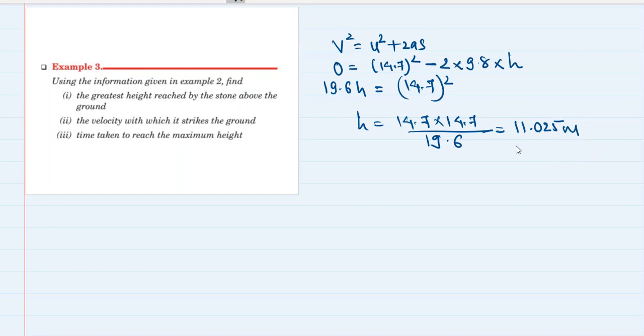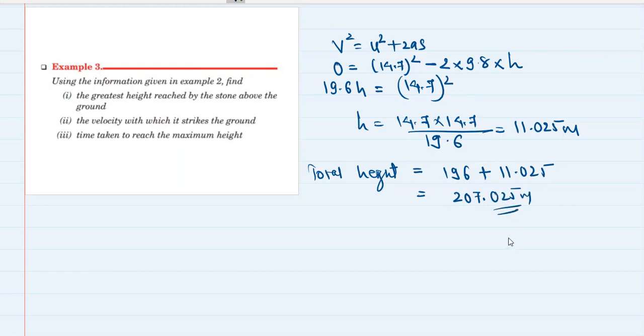Now this is above the building height. Okay, so total height of the stone is equal to 196, which I remember from the previous question, the height of the building, plus 11.025, which is 207.025 meter.